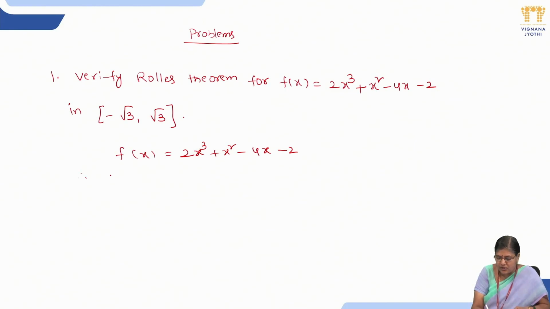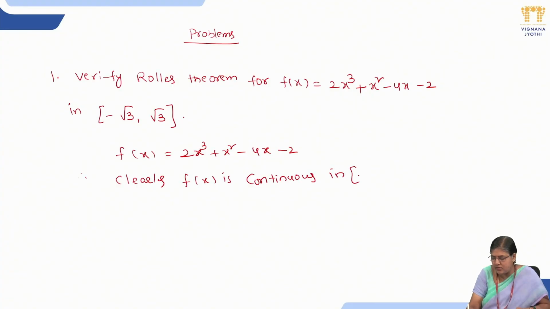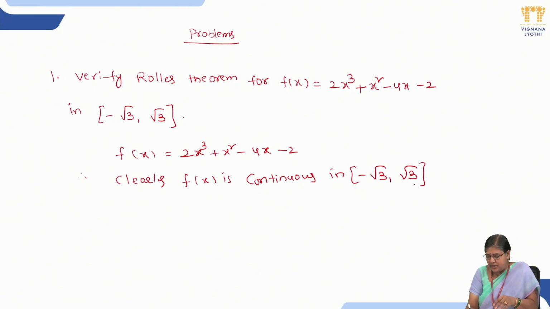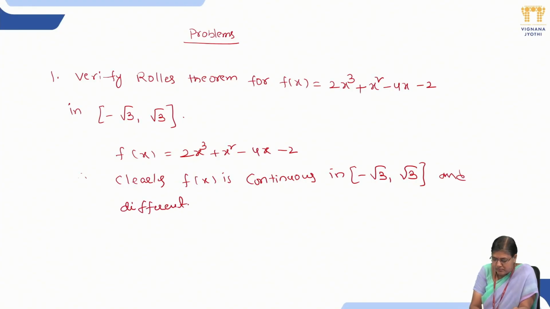Therefore, clearly f of x is continuous in the interval minus root 3 comma plus root 3, and differentiable in open interval of minus root 3 comma plus root 3.